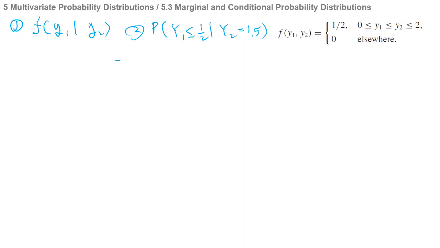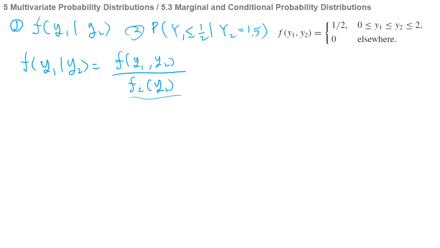For the conditional density f of y1 given y2, we have the marginal distribution; if we divide the joint density with respect to f2 of y2, we will get the conditional density.